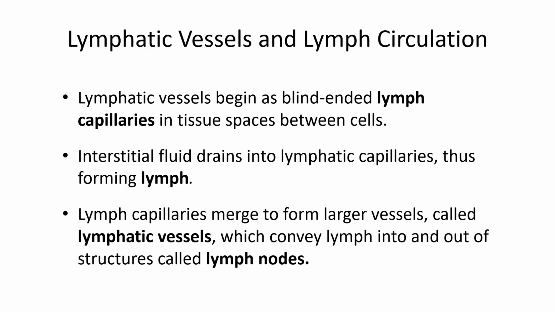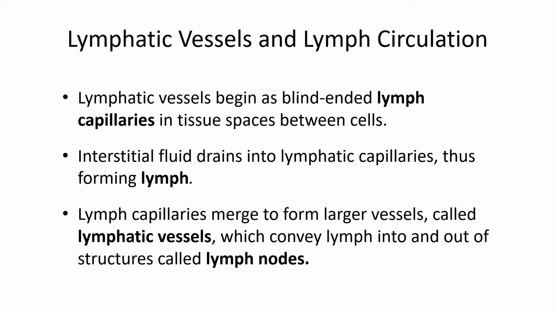Recall that your blood always flows through tubes. After it leaves the heart, the tubes get smaller and smaller until we get to the capillary beds, and then the tubes get bigger and bigger, but the blood is always flowing through tubes. The lymphatic system is a little bit different. It starts as blind-ended lymph capillaries.